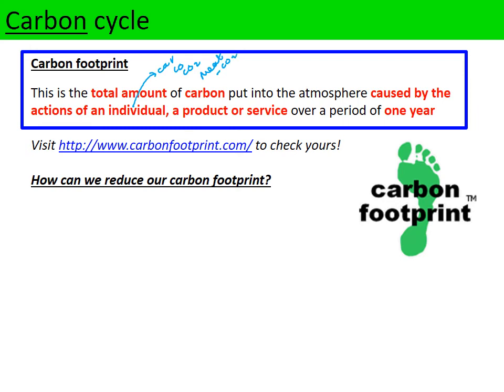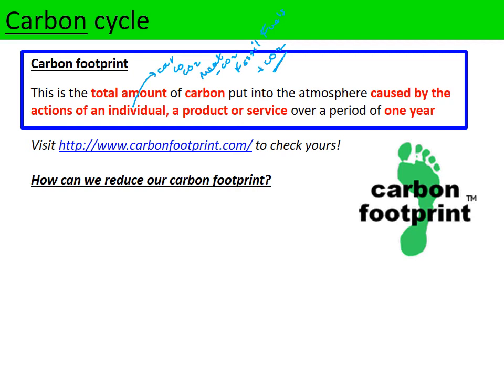We know also that individuals might use electricity, which might come from the burning of fossil fuels, which we know increases CO2 into the atmosphere, etc. So all the activities of this individual determine how much carbon, as predominantly carbon dioxide, gets put back into the atmosphere. Now, there is a website called carbonfootprint.com, and if you want to check your carbon footprint, you can go here and have a quick look at that.